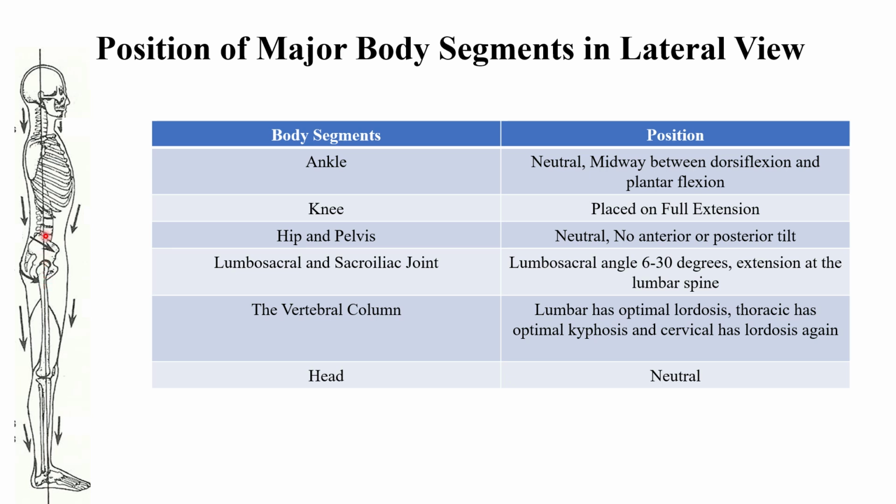The lumbosacral angle has 6 to 30 degrees of slight extension. The lumbar is lordotic, the thoracic vertebrae optimally kyphotic, the cervical vertebrae lordotic, and the head is in neutral, not in flexion or extension. This is the ideal position of the body segments in the lateral view.